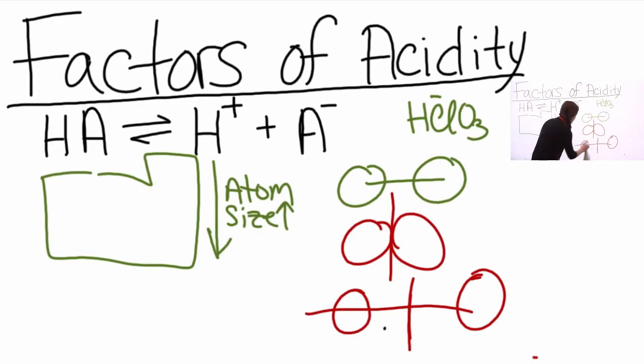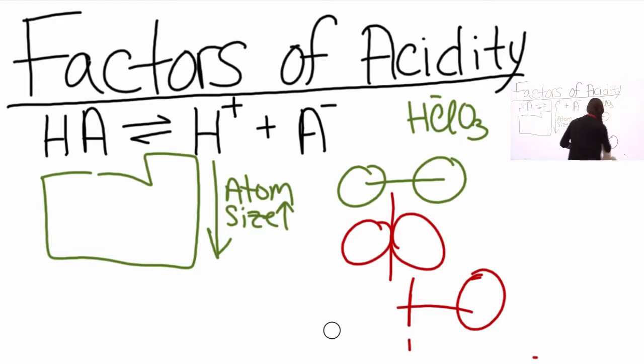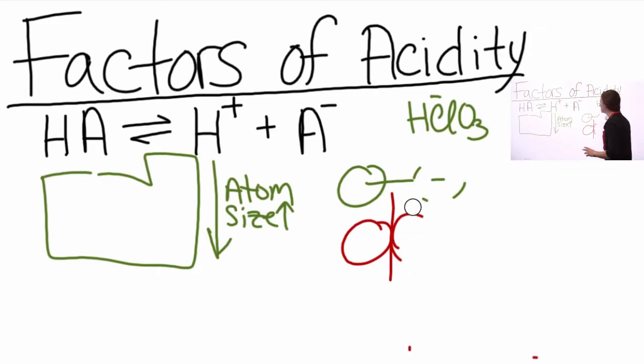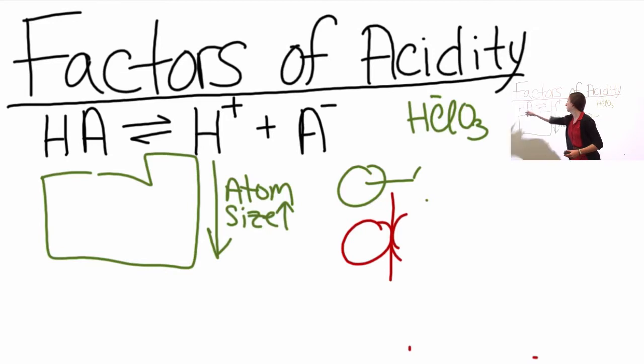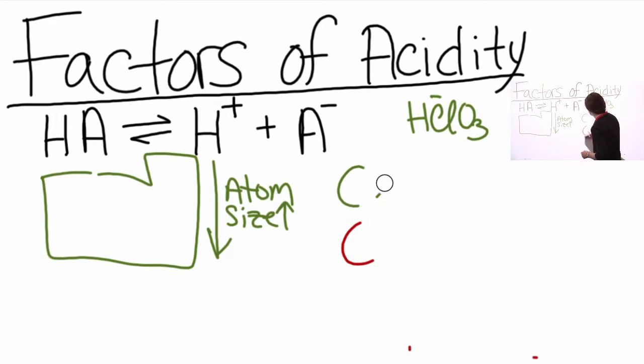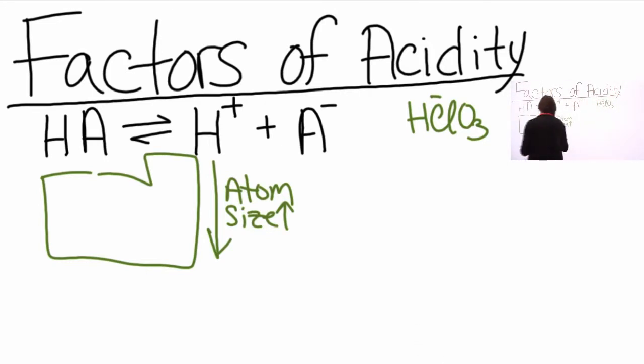So going back to your acids, if you have a longer bond length, it's going to be easier to split this molecule into its different ions. And so as you increase the size of the atoms forming your anion, you're actually going to increase the strength of your acid.